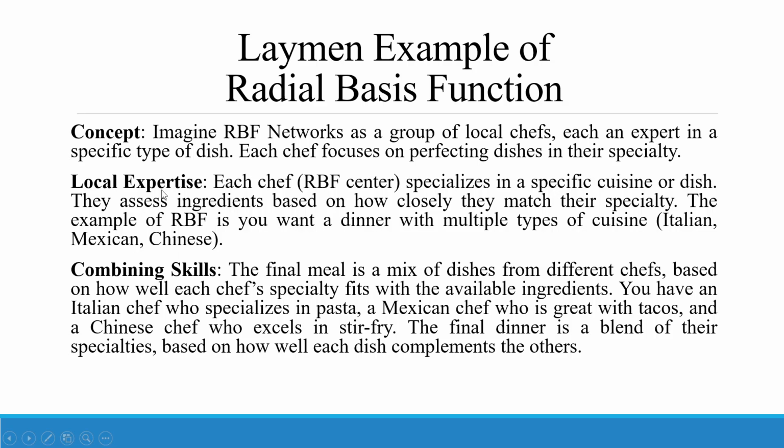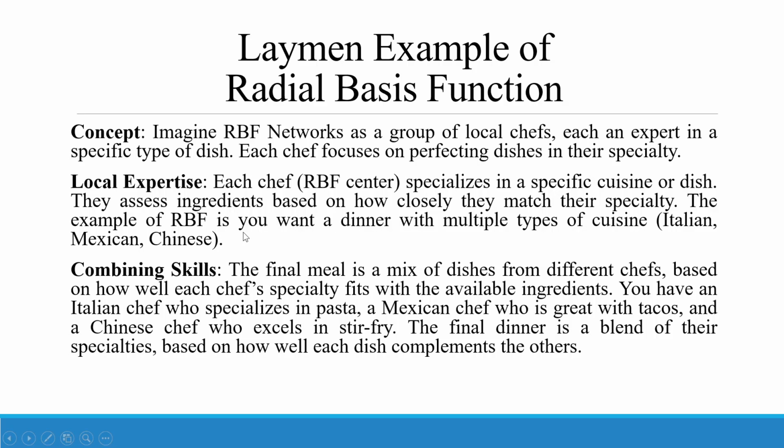Radial basis function. Imagine RBF networks as a group of local chefs, each an expert in a specific type of dish. Each chef focuses on perfecting dishes in their specialty. Each chef, that is an RBF center, specializes in a specific cuisine or dish. They assess ingredients based on how closely they match their specialty.